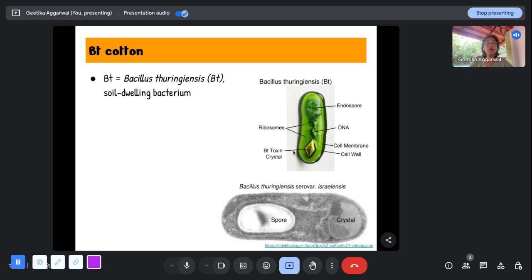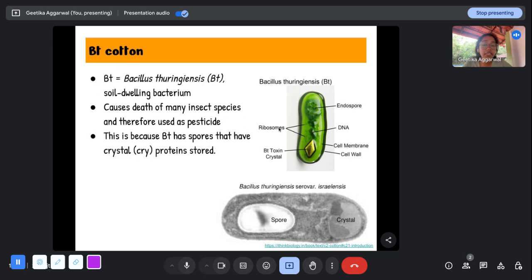So these crystals have the cry protein, which is also called the Bt toxin, and it can cause the death of many insect species. And it is used as a pesticide because these insects are actually impacting your plant. So you use this bacteria to your advantage and use it as a pesticide to kill the insect pests. So this is because Bt has spores, and these spores contain these crystal proteins, which are called cry proteins for short.